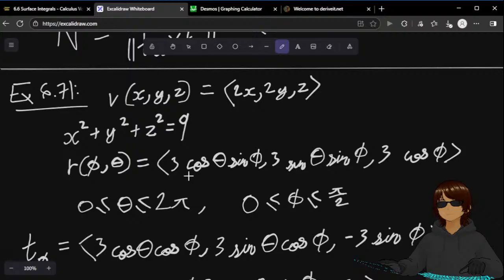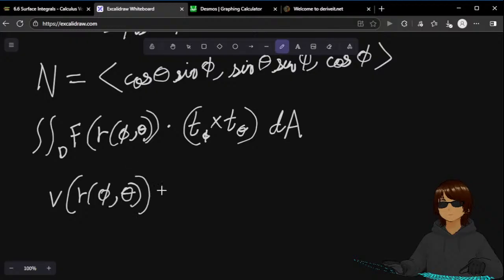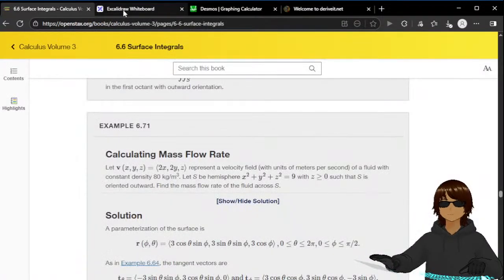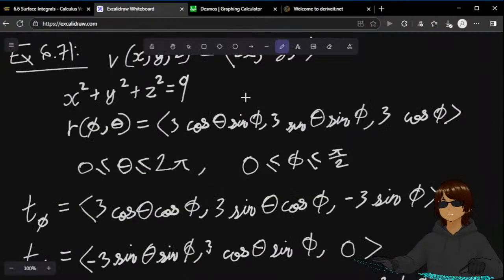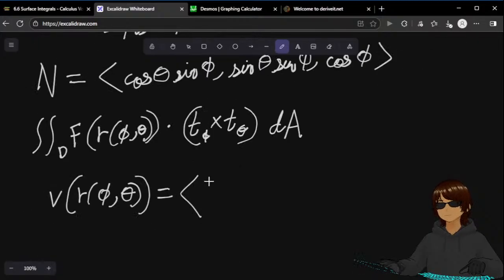Do we replace this with x? We have 2x. So we have 6 cos theta sine phi.